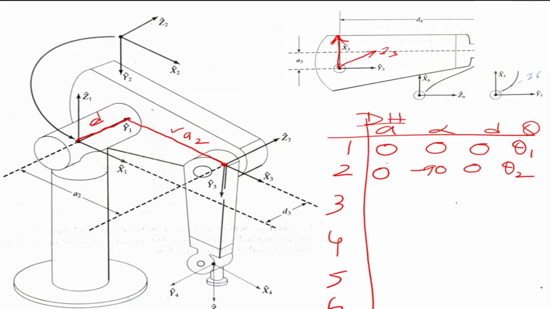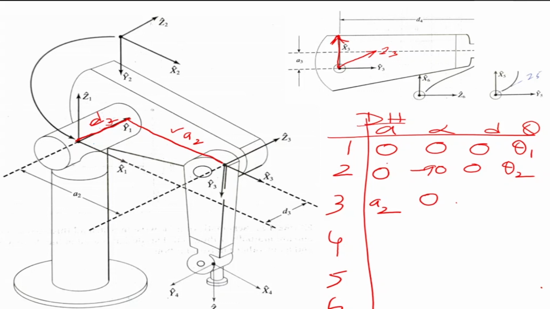So now we have our DH parameter table where we are making A3 and D3. Now what is the distance between the z-axes? The distance between the z-axes is a2. What is the angle between the z's? There is no angle because they are parallel.